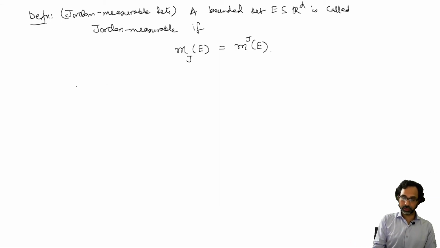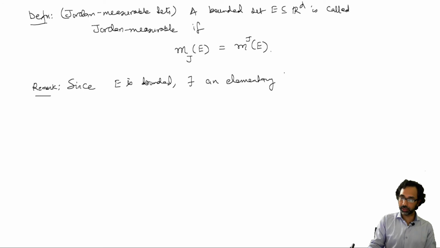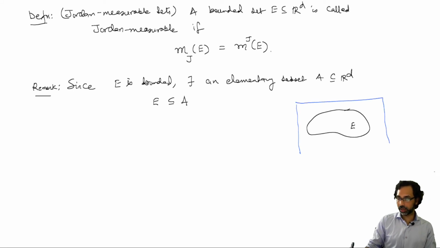Note that because we have chosen E to be bounded, so this is an important remark, since E is bounded, there exists an elementary set A of RD which completely covers E. So here we have some E, then one can always cover this set E with an elementary set or even a box.